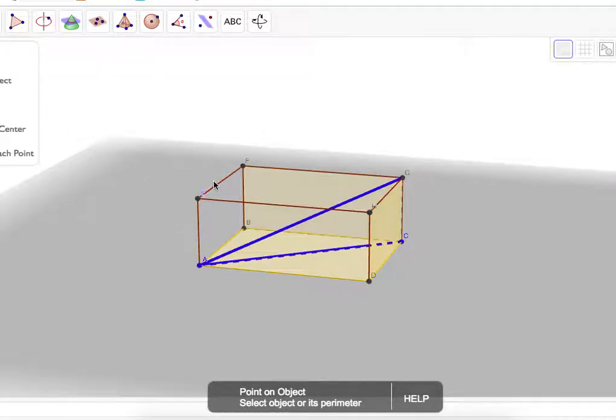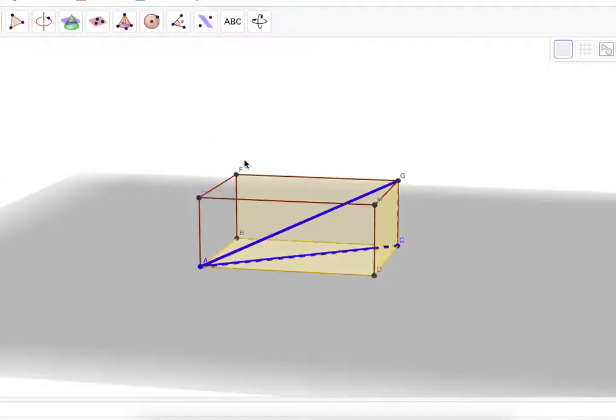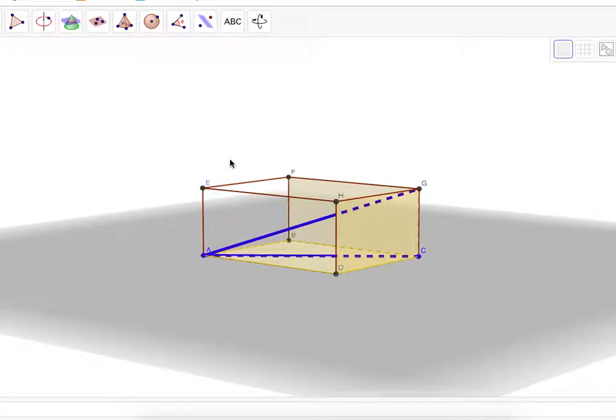And if I make it clearer from this angle, you can see that ACG is also a right-angled triangle, and the right angle is located at C, because CG is vertical from the base, and the line AC is horizontal on the base of this cuboid. So we can again apply Pythagoras' theorem, and we will use AC and CG as a and b for the Pythagoras formula.